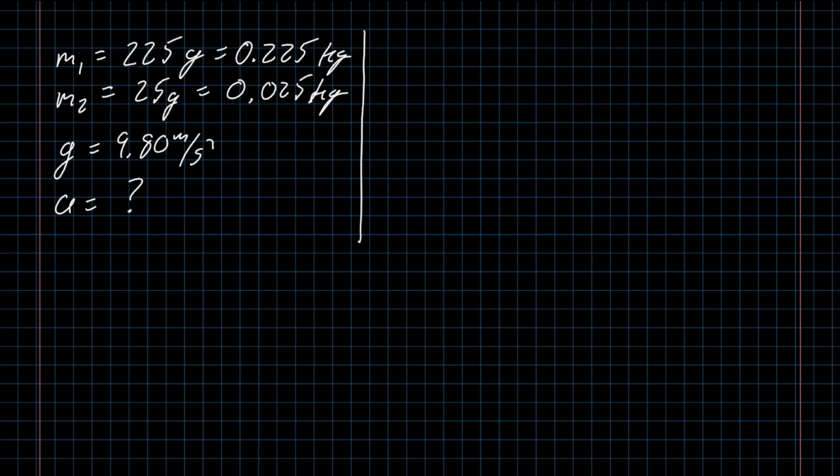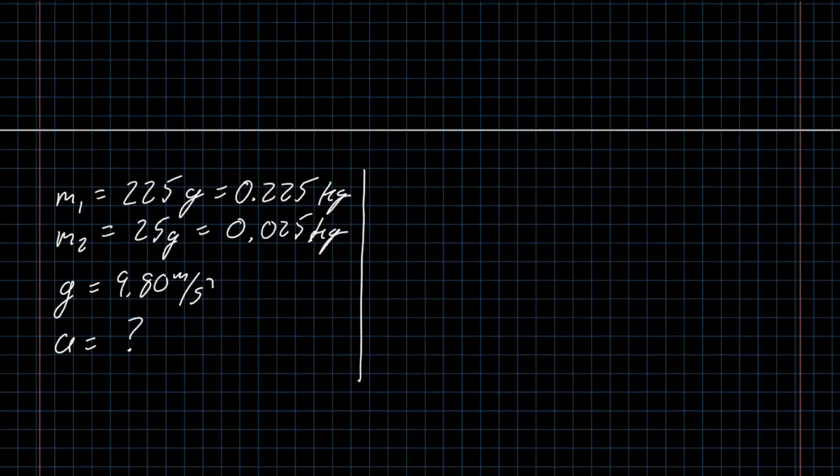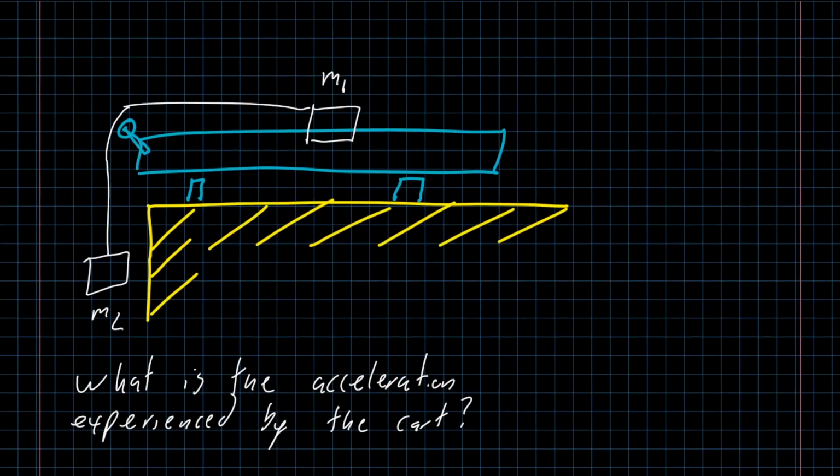And that's really all we need to know. From that information, we can figure out, well, the cart itself, if I scroll back up, the cart itself has gravity pulling downward, but it also has a normal force pushing upward, which are going to counter each other.